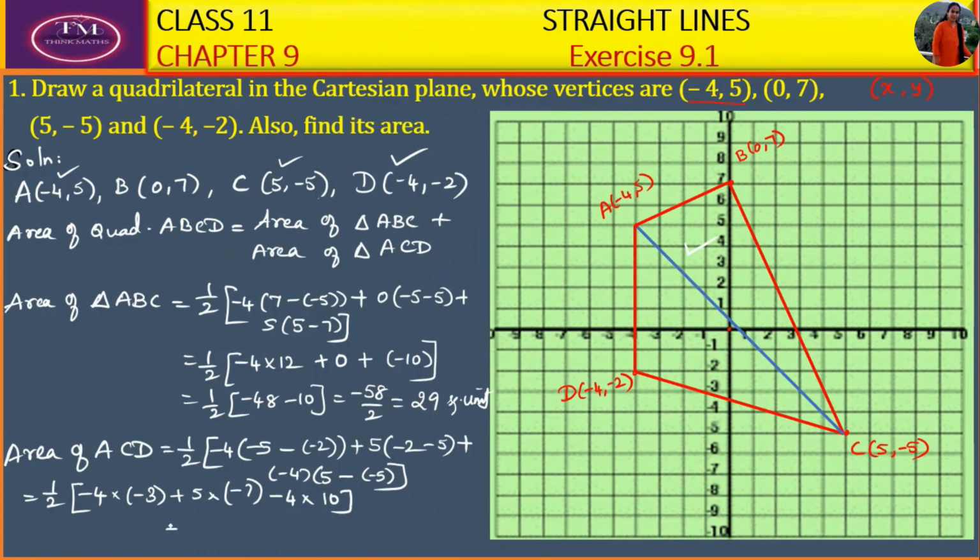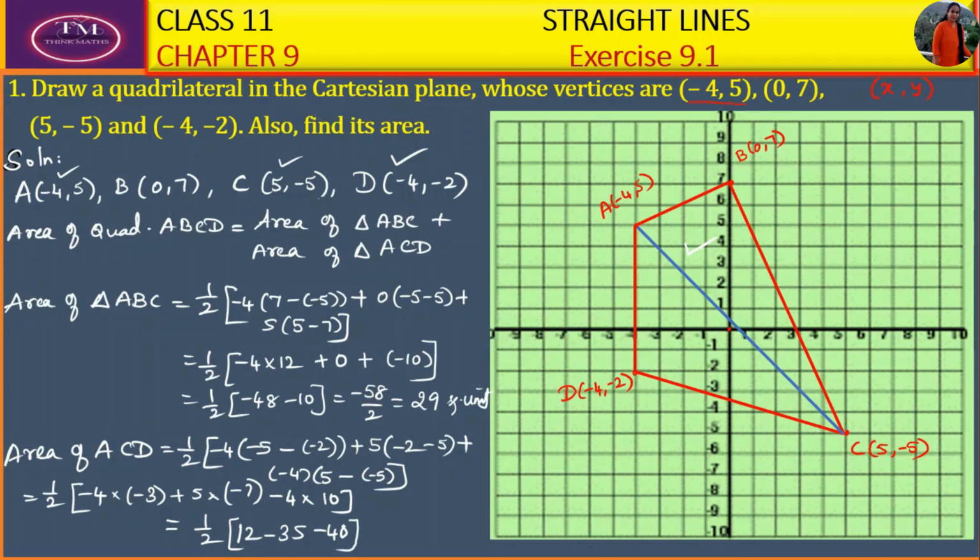So which is equal to 1 by 2 into minus 4 into minus 3, it is 12. 5 into minus 7, that is also 5 into 7 is 35, and we have a negative sign. So minus 35. 4 into 10 is minus 40.